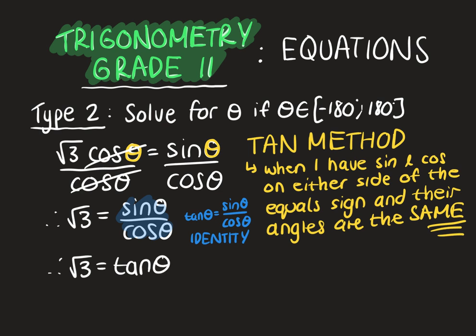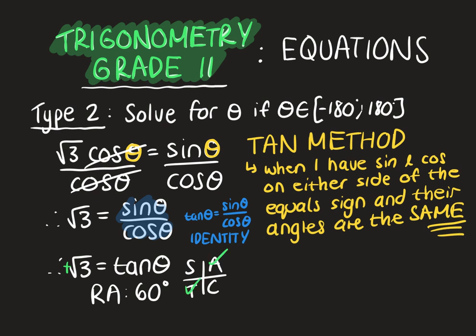Now it's in a form of an equation that we can get a reference angle from. So we can go reference angle straight away here and say, cool, shift tan of root 3, and that's going to give me 60 degrees. And then again, we're going to say, cool, we know that tan is positive. Where's tan positive? First and third.